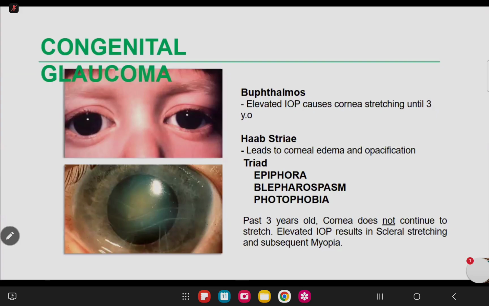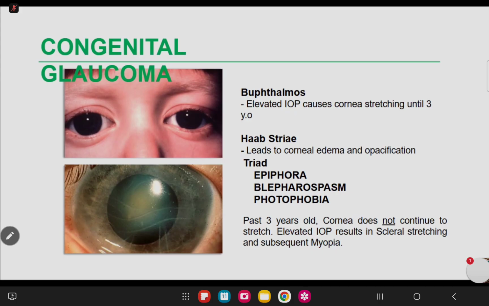So the triad for your congenital glaucoma: you can usually see patients having epiphora or excessive tearing. The patient also has blepharospasm, and the patient has photophobia. Past 3 years old, the cornea does not continue to stretch already.